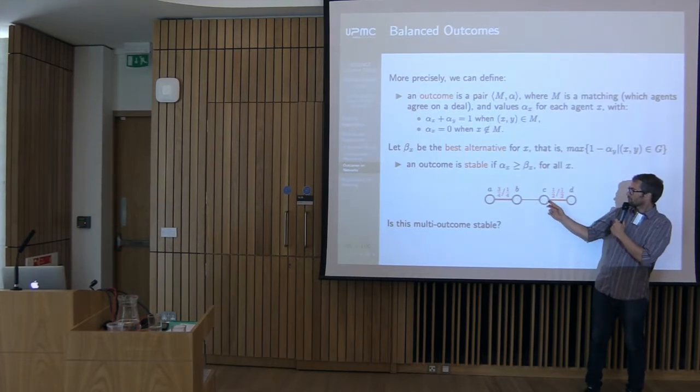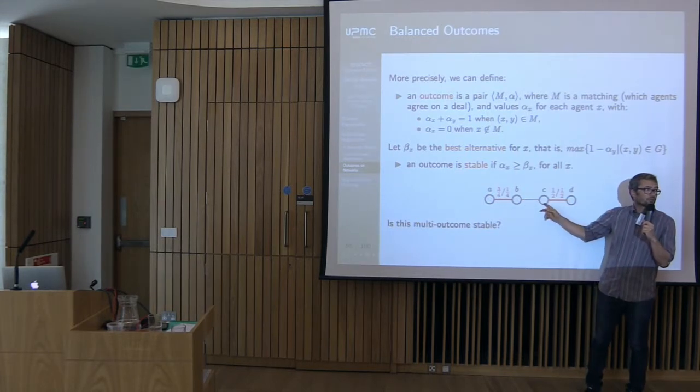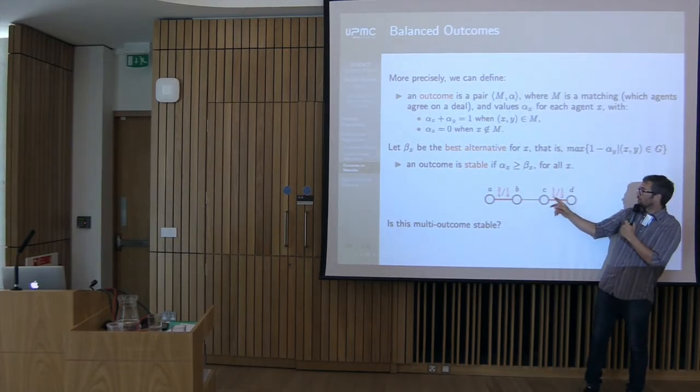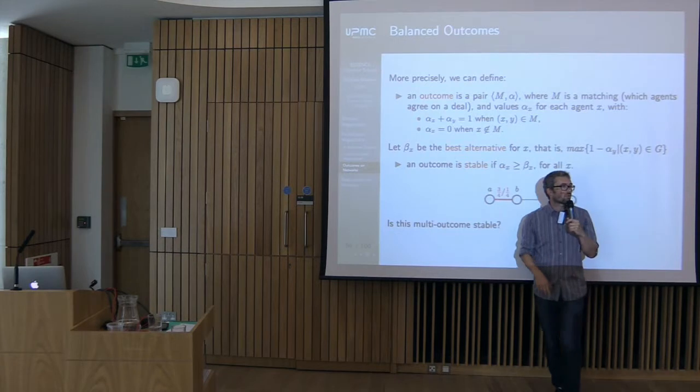Because this one, for instance, could say, okay, I have 1/2, but if I would deal with him, I could get more because, okay, he has just 1/4, so I could deal 3/4 with him. So my alpha C is 1/2, but he has a beta C of 3/4.